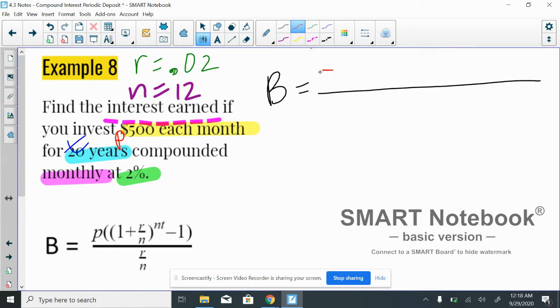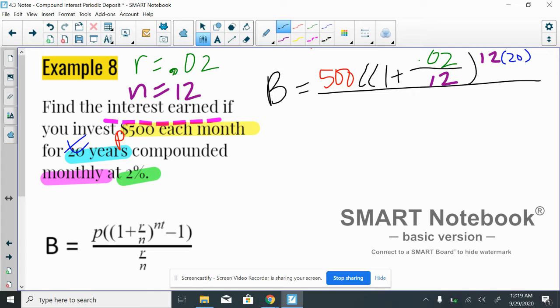We've got a deposit of $500 a month, double parentheses, 1 plus the rate divided by N, and the rate is 0.02. The N value is 12. We're going to close those parentheses and raise it to the 12 times 20, just like the other three.